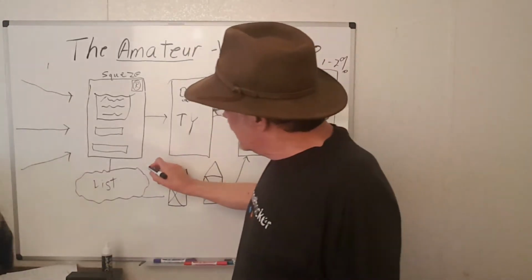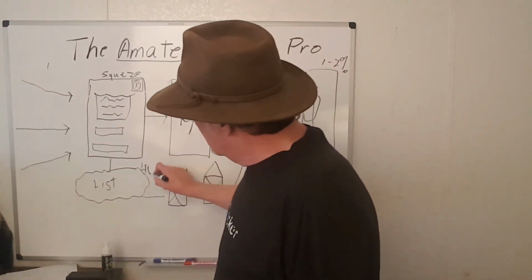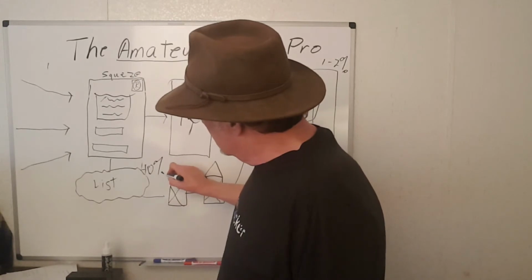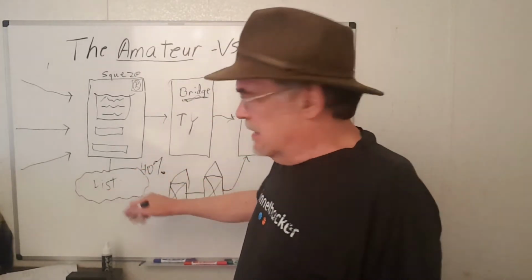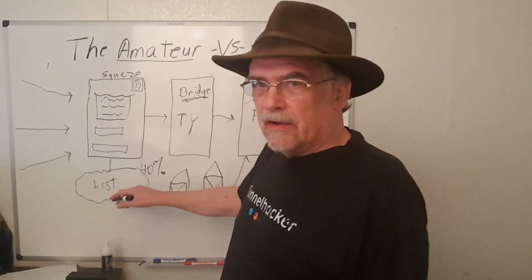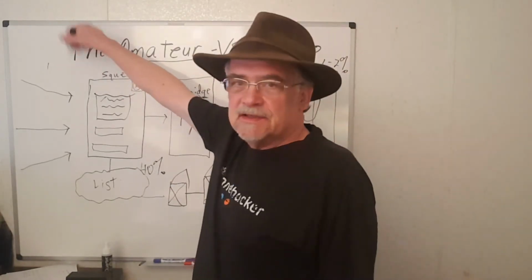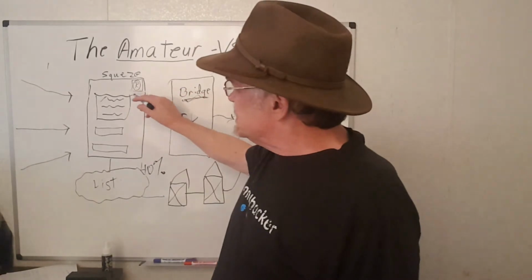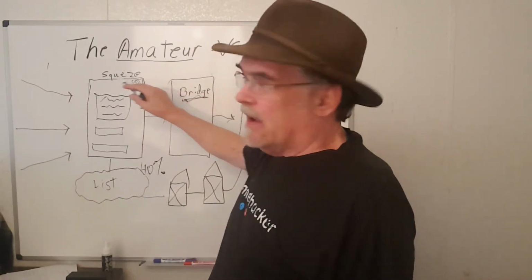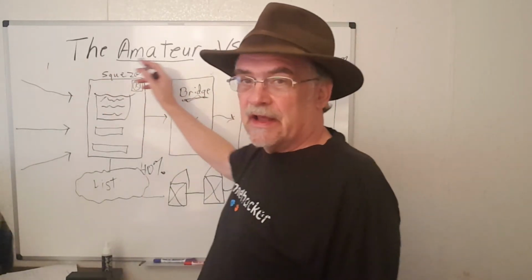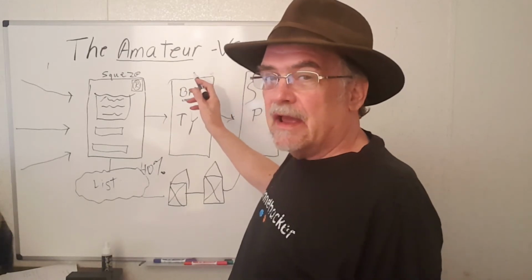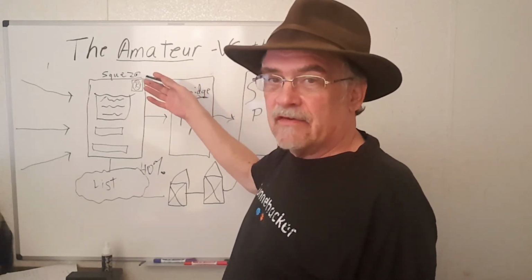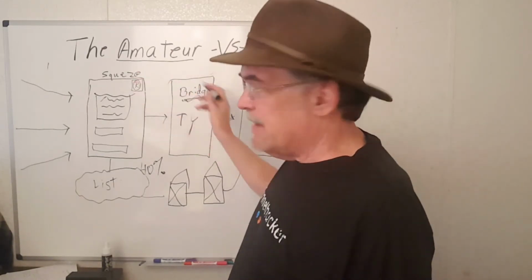So if you got 40% of people, which would be very good, 40% of the people end up on your list. That means 60% of them left somewhere else. 60% with that code on there will eventually, most likely, come back. And you're catching that traffic also. They're coming back to your page.